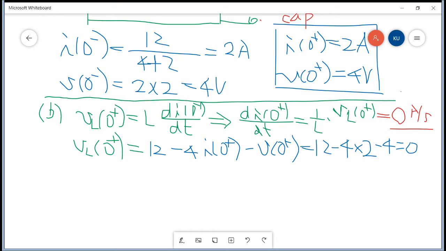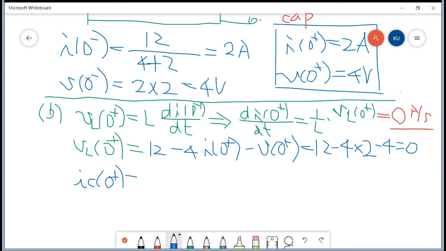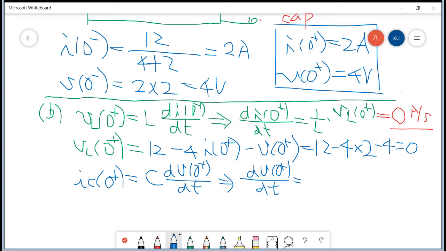We would like to know that IC(0+) should be C dV(0+)/dt. So we will have dV(0+)/dt equals 1 over C times IC(0+).